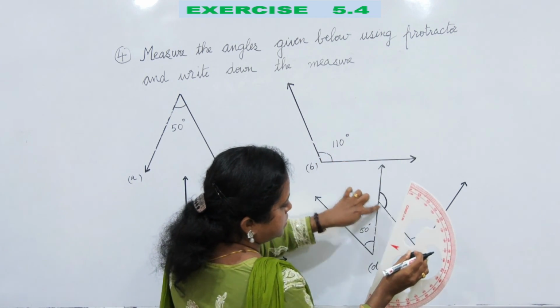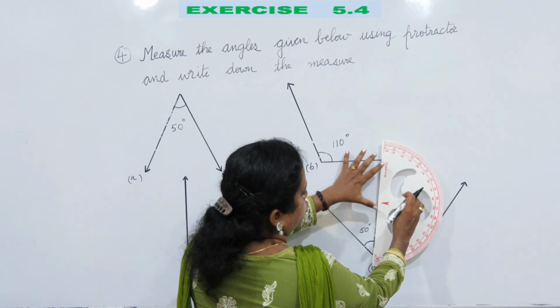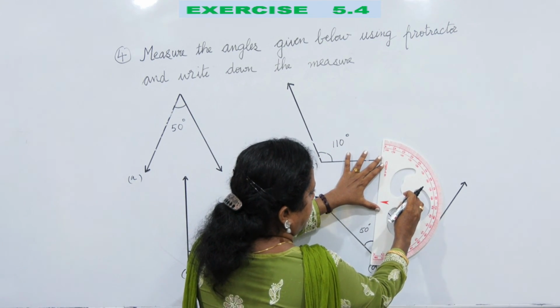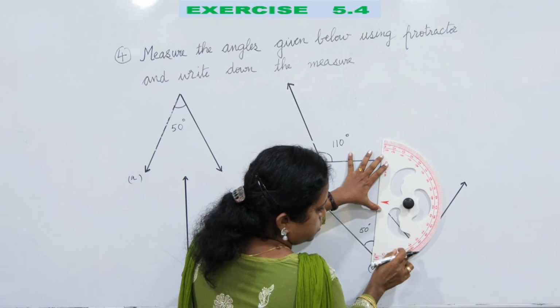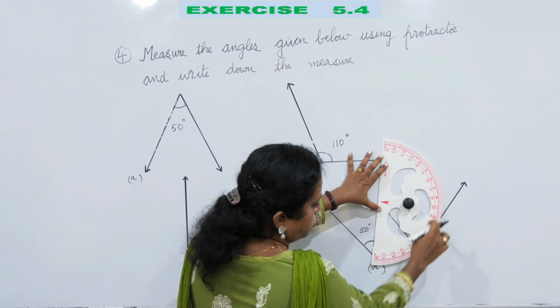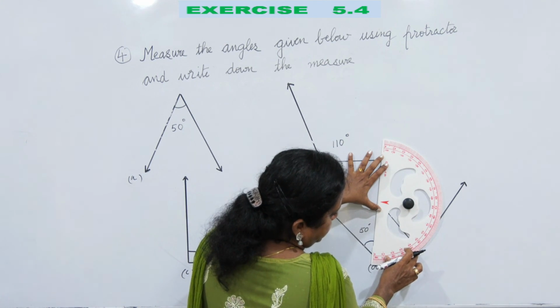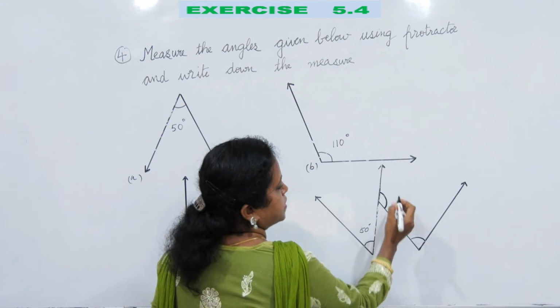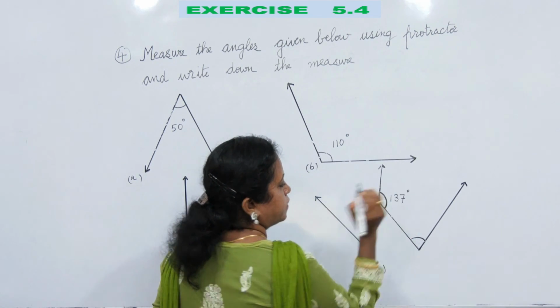For this angle, remember you have to place it at one of the arms. This is the angle that you have to measure. So you have to place at the vertex, and the arm goes here. So how much is the angle that is being shown here? Starting from 0, it reads around 137 degrees. So this angle is 137 degree.